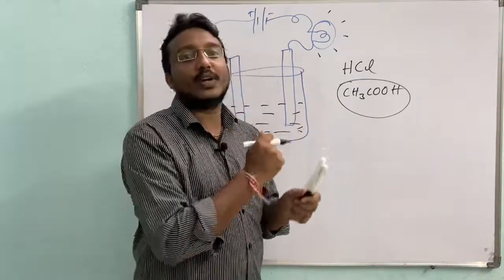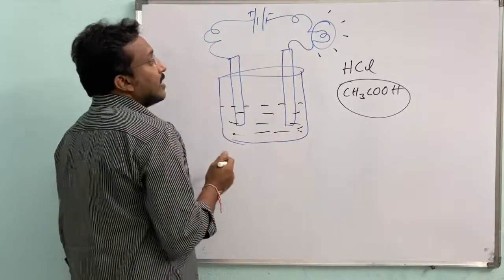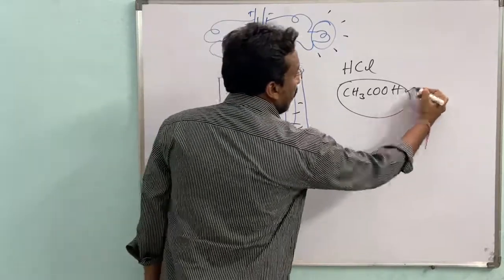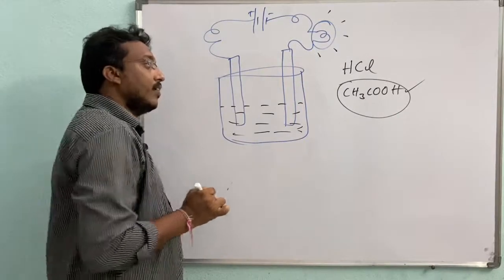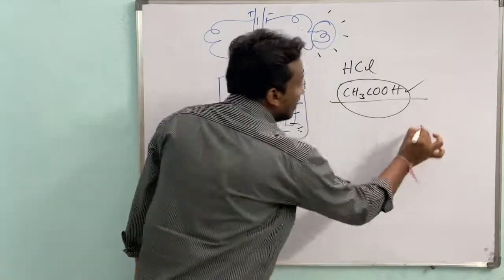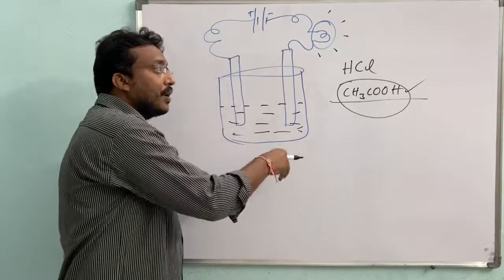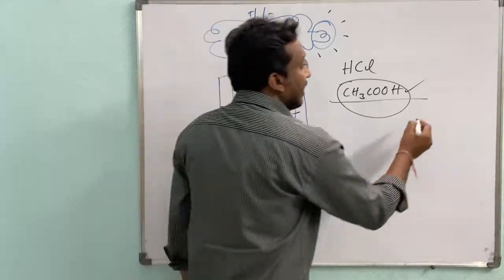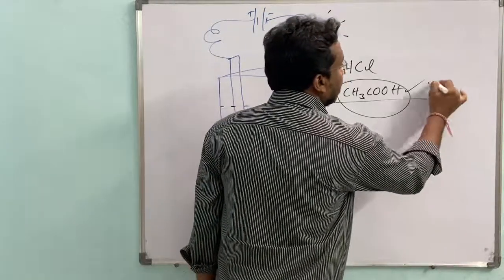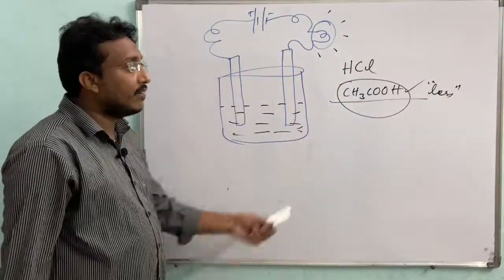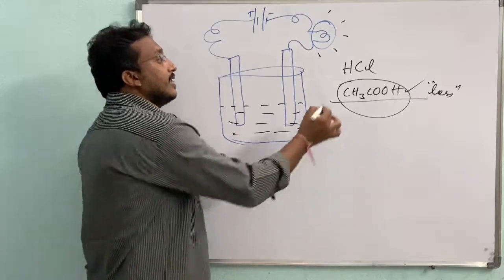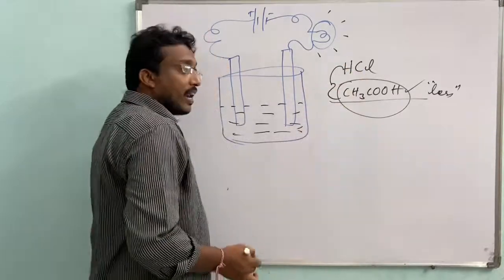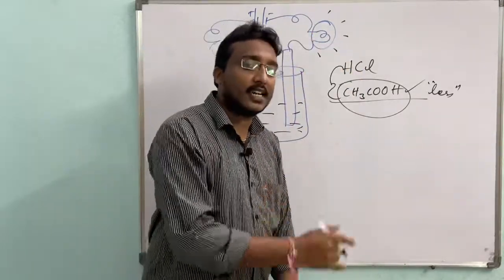Here you notice that the brightness of the bulb is less when we have taken acetic acid. When we take CH3COOH in the beaker, the brightness decreases. And make sure that these two acids are at the same concentration.